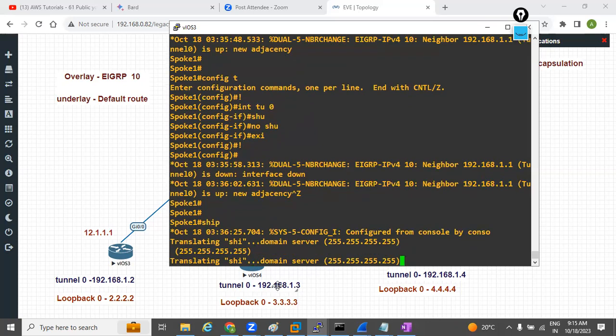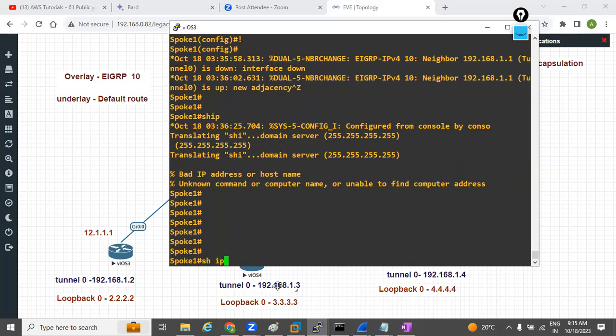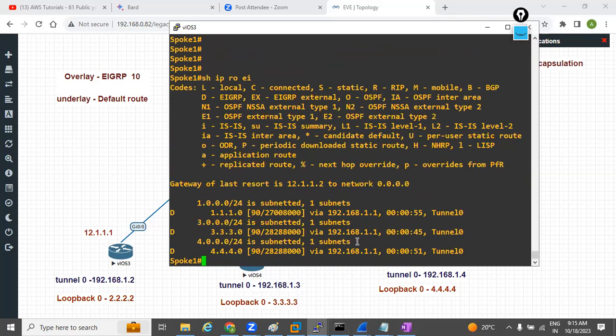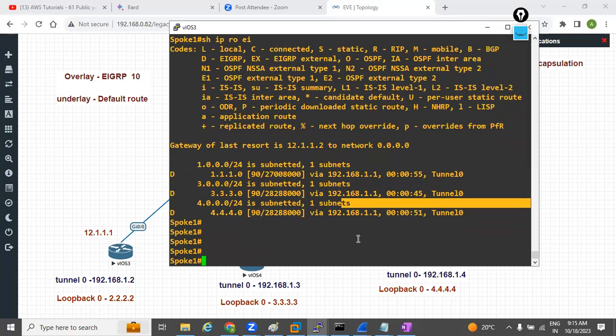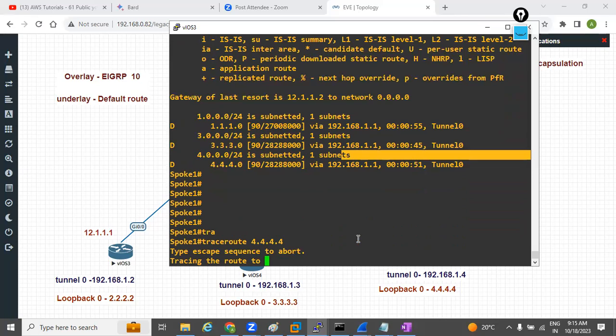But this concept was forward: instead of going via the hub, it was going directly. Okay, so this time, show IP route EIGRP. It's going via the hub only, but we still have reachability. Trace route to 4.4.4.4. Okay, so it's going via the hub.